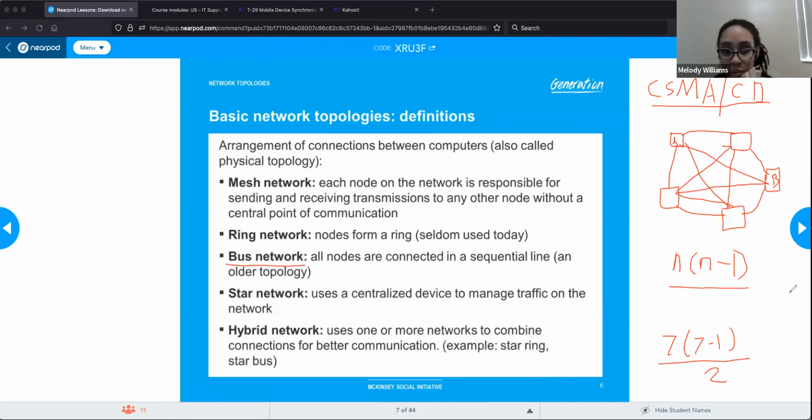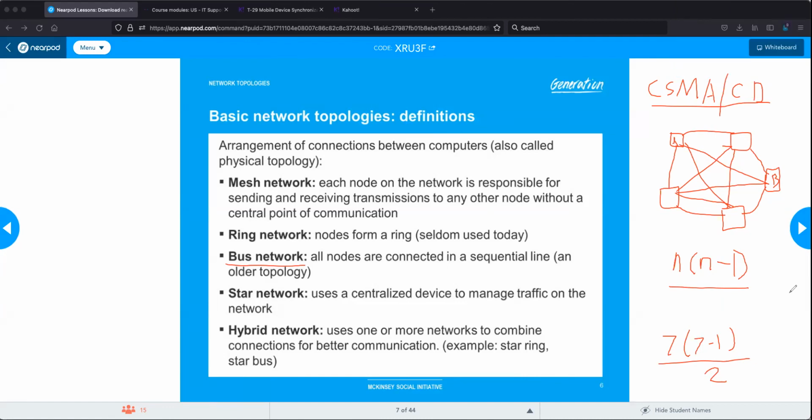So we've added 2 computers, and just by adding 2 computers, we've added 11 cables. I didn't think about it that way. Yeah, that is crazy. You have exponential growth in the amount of cables you need for every one you add. You can see how quick this can get out of hand, right?